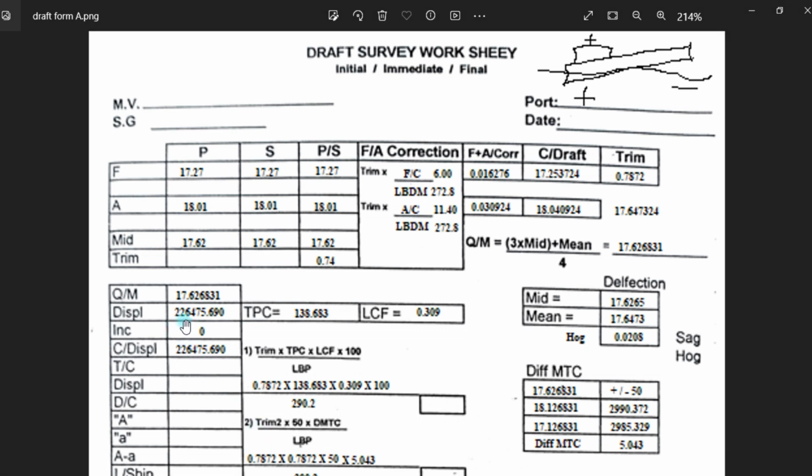Displacement is 22647569. So we have a correct displacement here. And what will be the TPC?